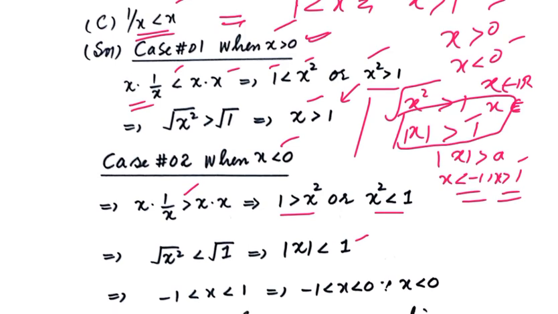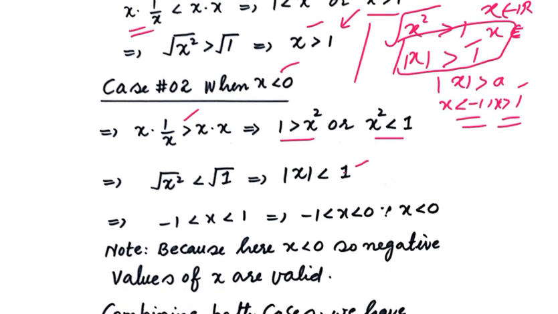Now this can be written as minus 1 less than x less than 1, but my x is less than 0, so it squeezes the interval to minus 1 less than x less than 0, because my x is negative here. So I cannot take the positive values here.